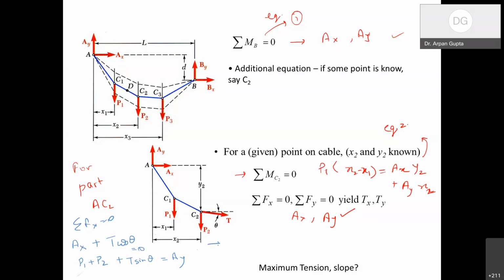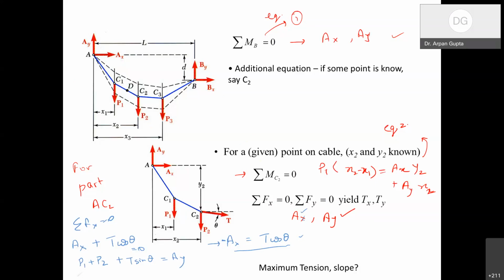Now the first equation says that Ax with a negative sign will be equal to T cos theta, right? So what this says is that the horizontal component of tension is always going to be constant throughout the cable. You see from this part, Ax and Ay have been calculated, so this is a number which is constant.